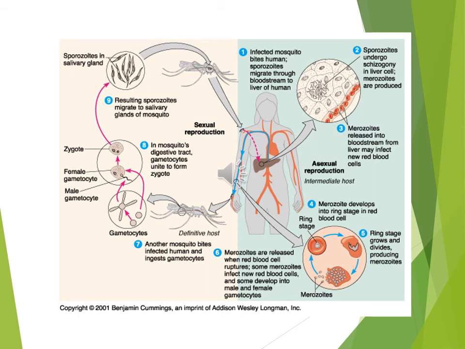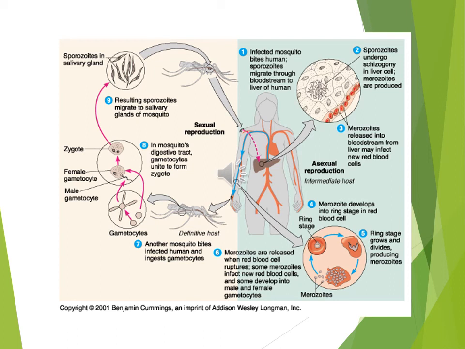This diagram shows you the life cycle of a protozoa inside a mosquito as well as inside the human body. So, first, there is a female Anopheles mosquito in which the protozoa is present.